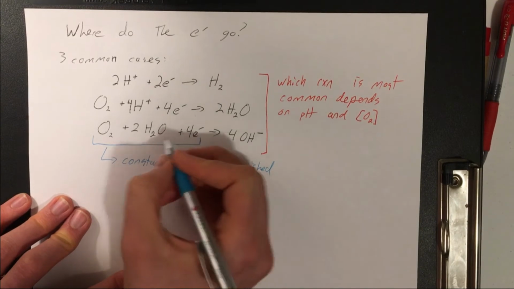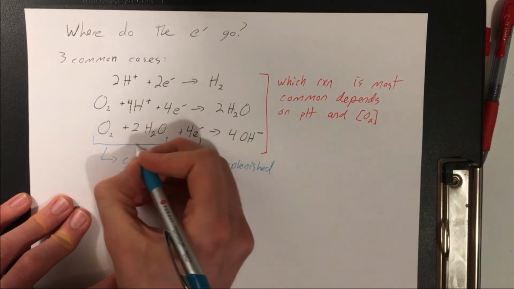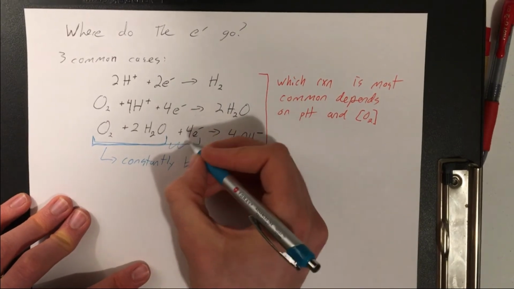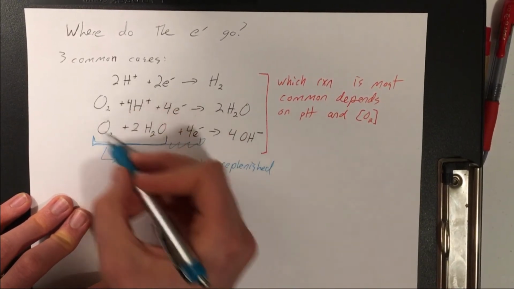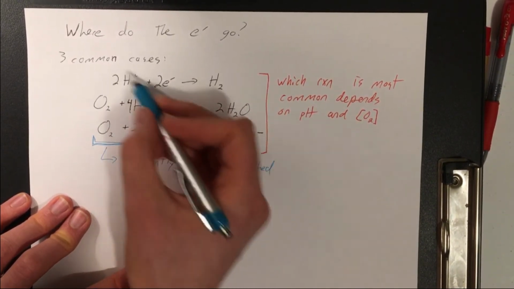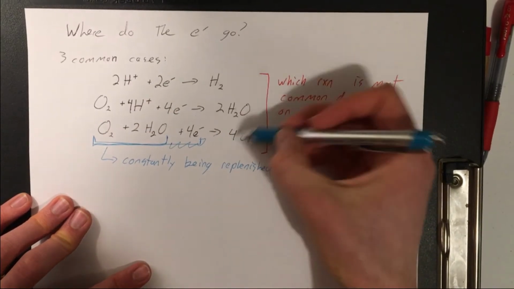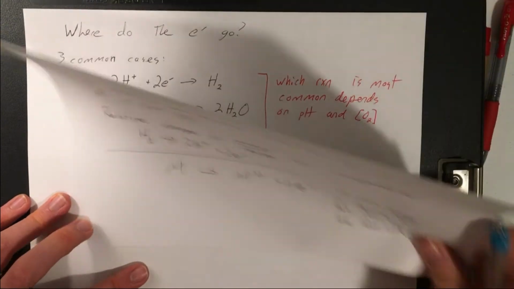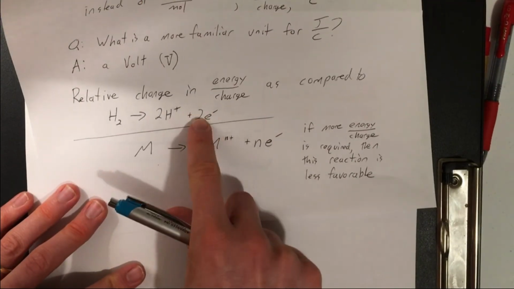And if all of the O2, the H2O, the H+ are constantly being replenished, and all of these are constantly being taken away, then there's always a sink available for these electrons.